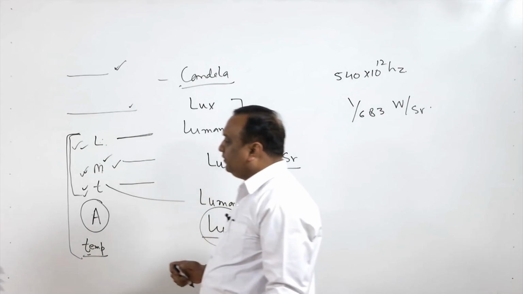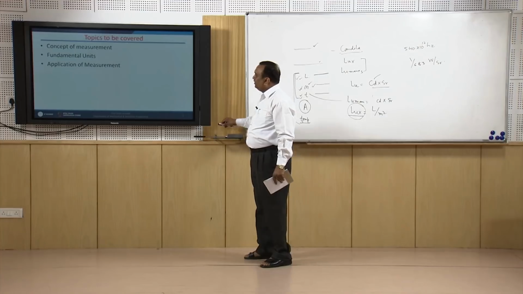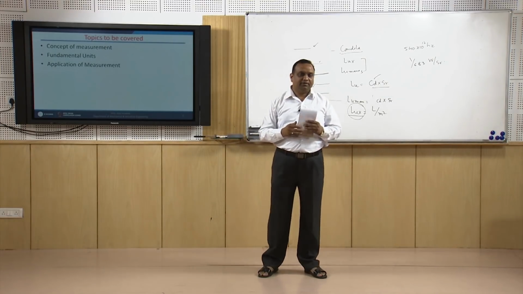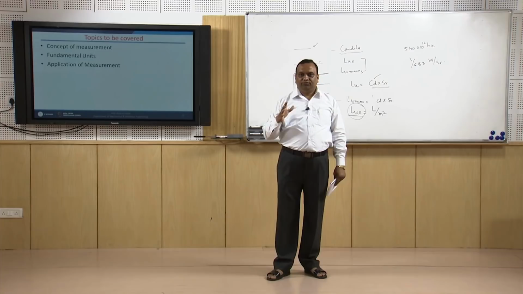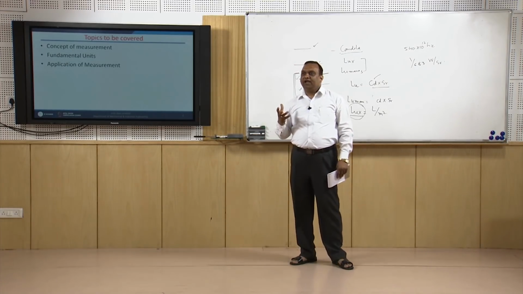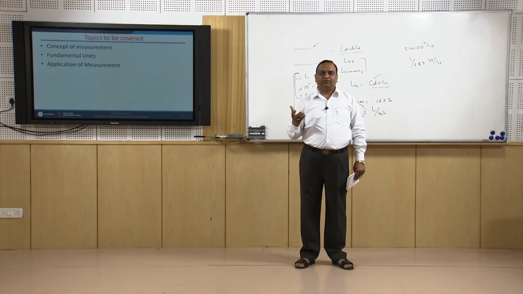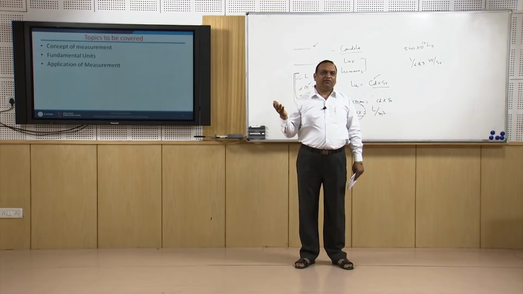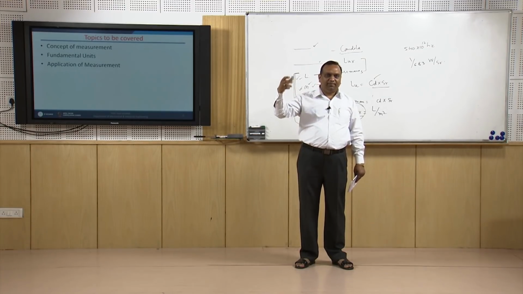Now what is the use of measurement? The issue is, what is the application of measurement? First of all, with the help of the process of measurement, we get an idea about the phenomena. For example, there is a boiler, but I do not know how much pressure is inside the boiler. So I have to fix a pressure gauge.